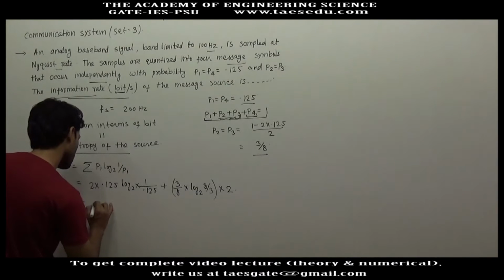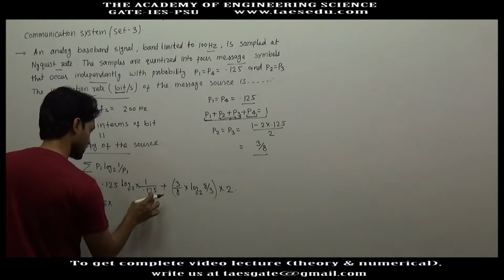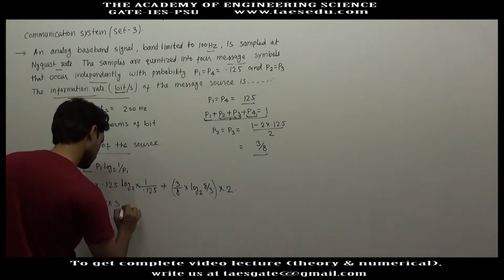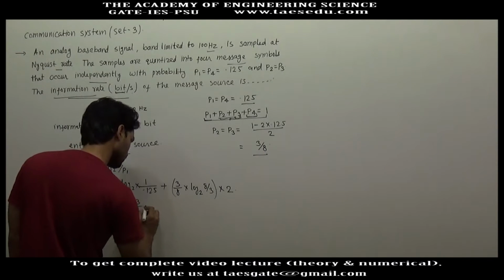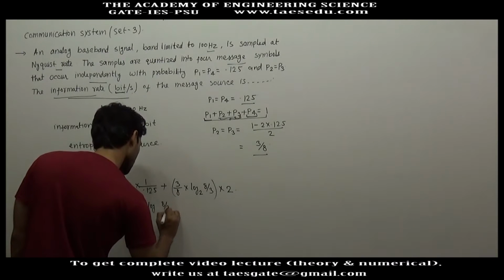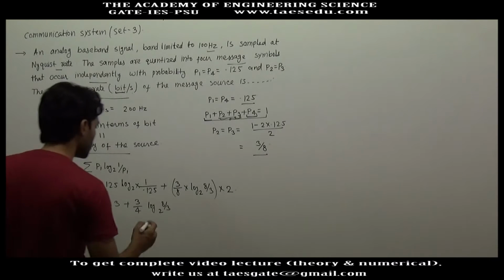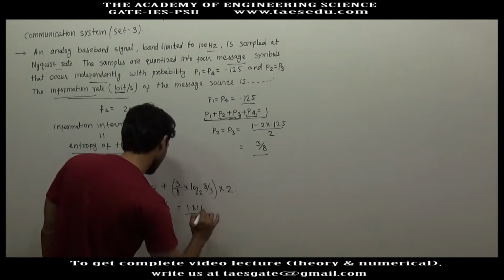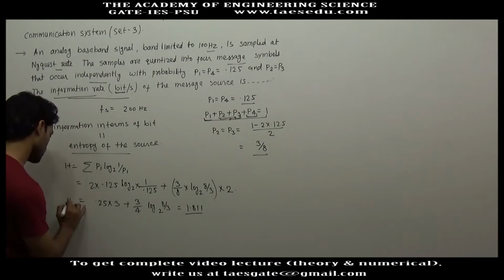This will be 0.25 times log 8, and log 8 is 3, plus 3 by 4 times log base 2 of 8 by 3. This gives 1.811. So this is the entropy of the source.